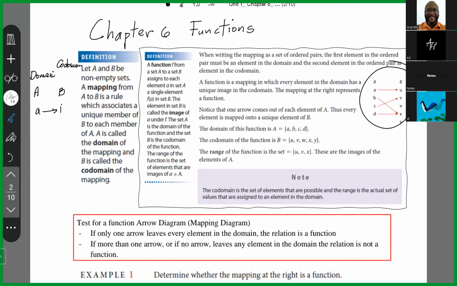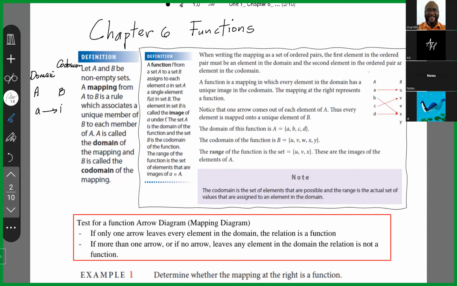So again, a function f from a set A to a set B assigns to each element a in set A a single element f of a in set B. Let us say to the right we have our function.